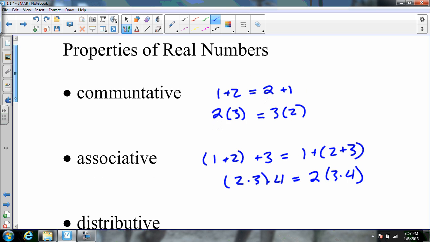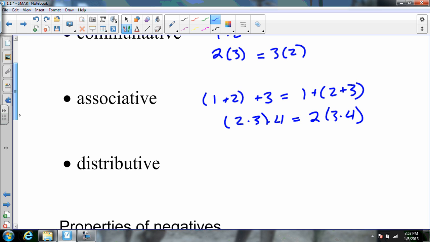And then we have, along with it, the distributive property. When you have 5 times (x plus 2), when you distribute, it becomes 5x plus 10.